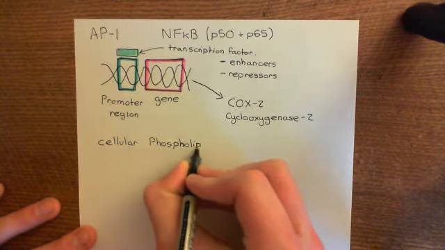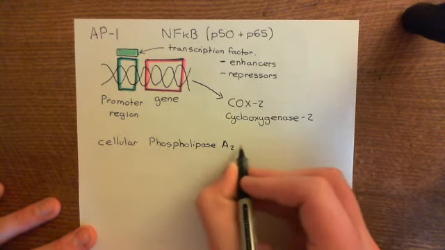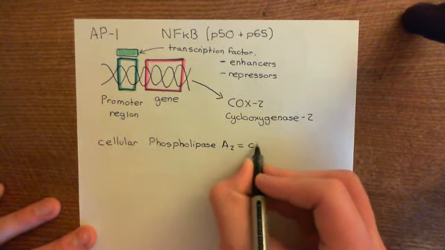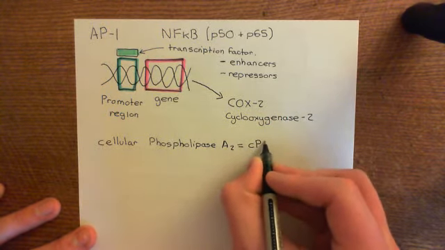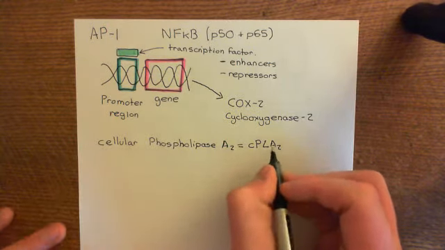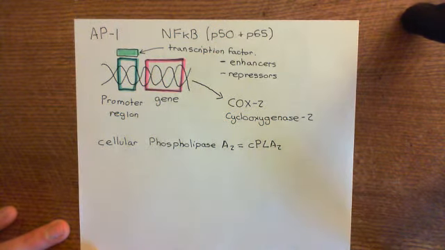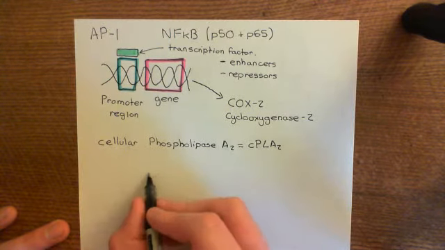Okay, and this is often abbreviated to cPLA2. Right, now what this enzyme is going to do is it's going to migrate to the phospholipid bilayer of the cell. So it's going to go up to the cell membrane.